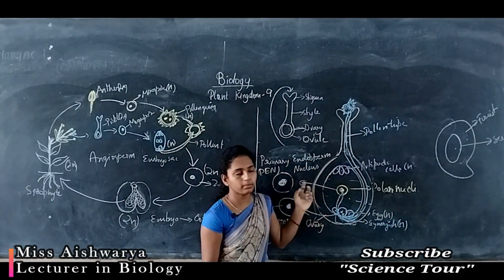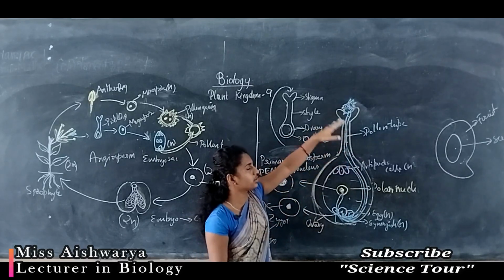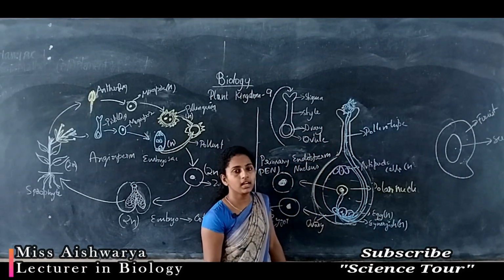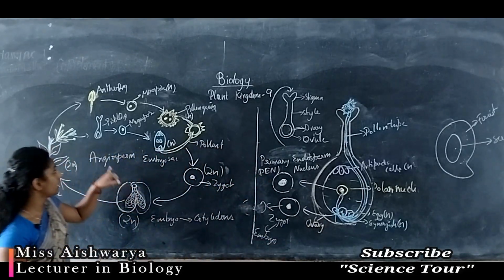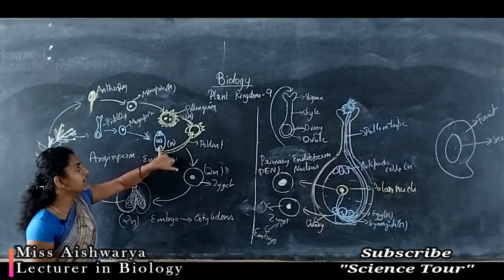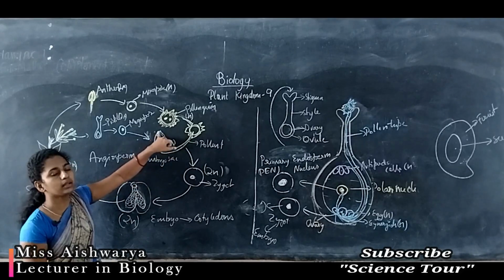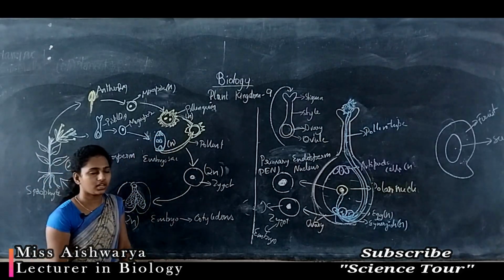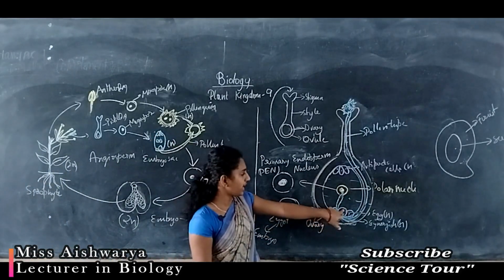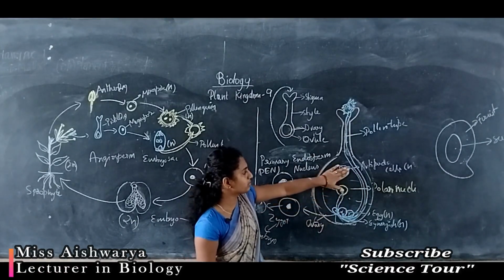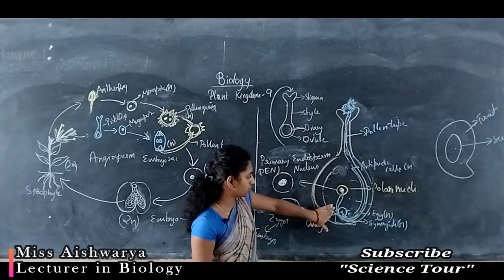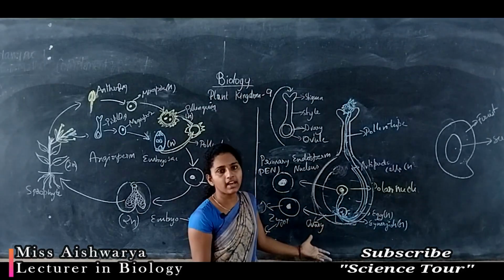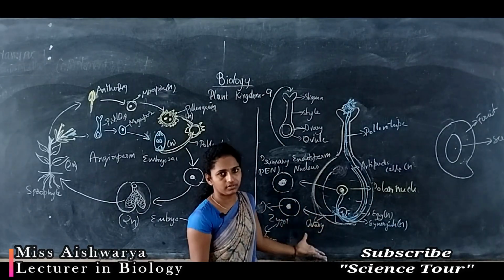The ovule structure develops into the seed, and the entire ovary structure will develop into the fruit part. The stigma and style part degenerate. After fertilization of the egg and polar nuclei, the remaining synergids and antipodal cells will degenerate, because they are not having any work after the fertilization.